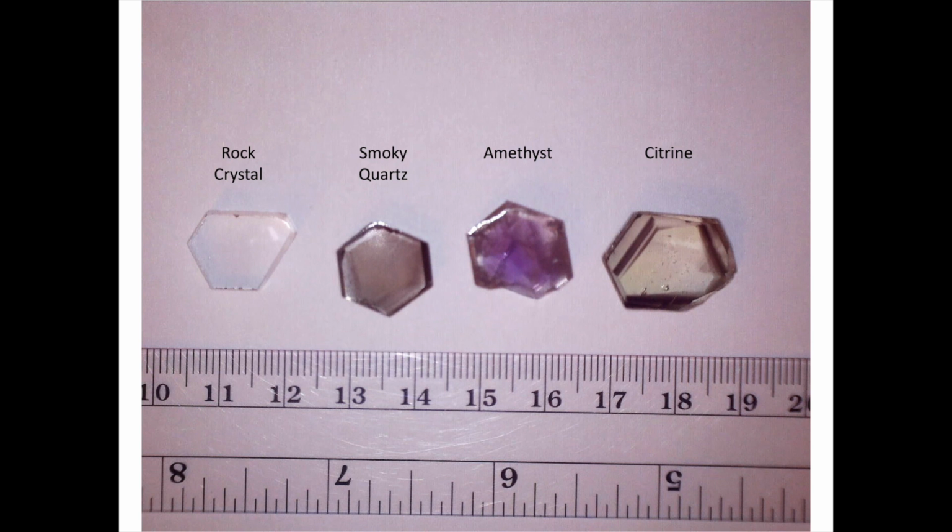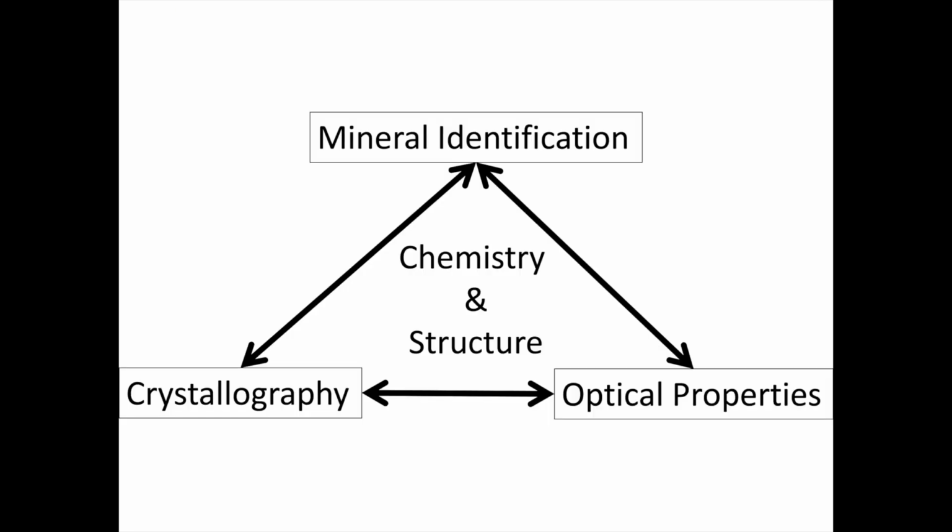Let's take a look at some background information on the mineral quartz, which will prepare us to do some fun experiments with our quartz slices. I just want to start out again with the really big picture of what's going on here. We have a particular mineral, and that mineral is defined by its chemistry and structure.